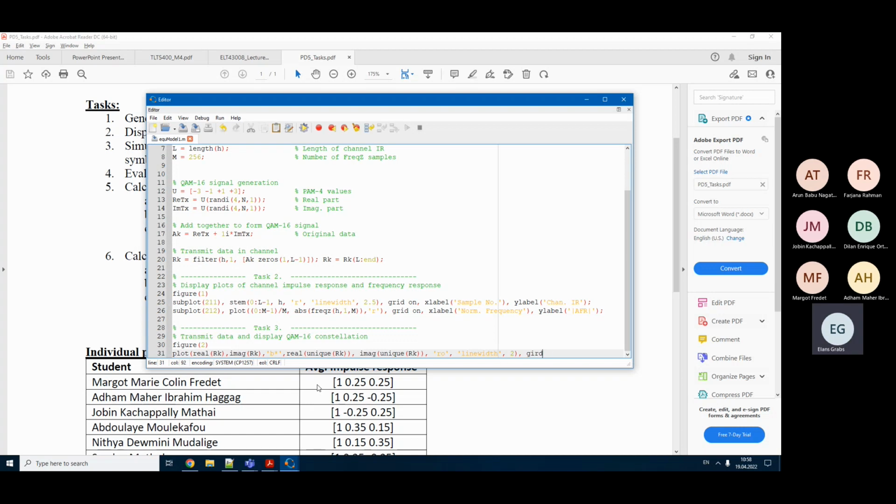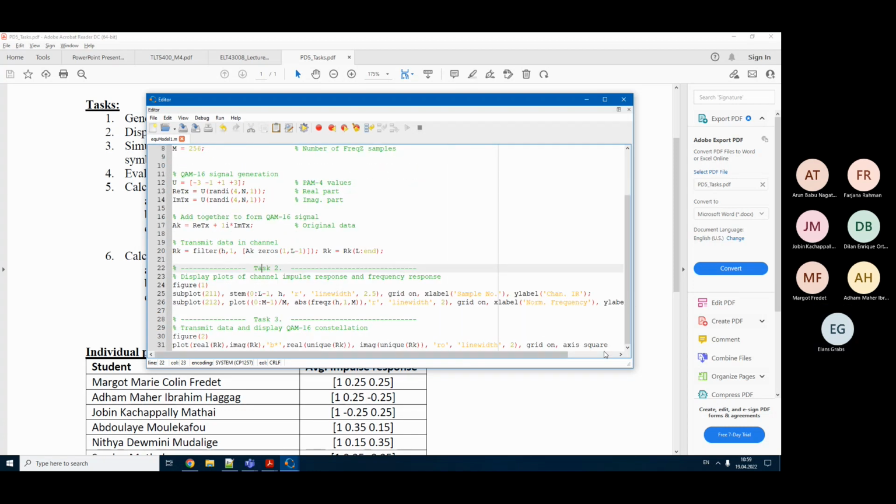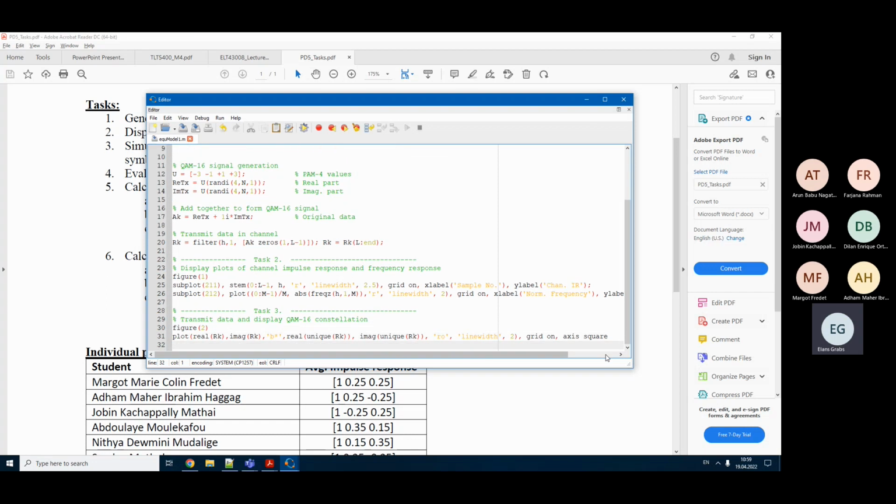We need grid lines. We need a square axis, to have the same dimensions on both axes, on X and Y. Also, I think we might as well add this line width here too. And labels.